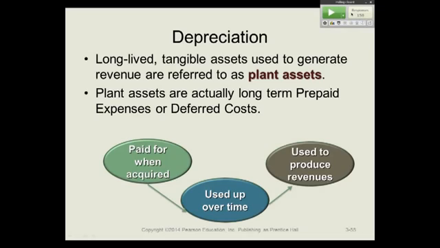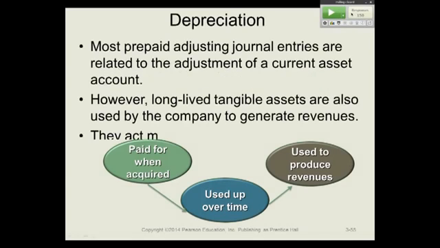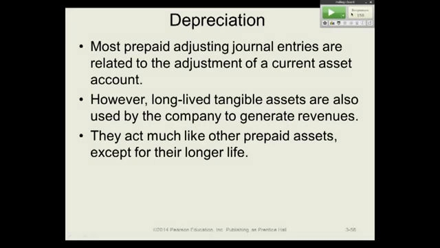Now, this is a prepaid expense, but we normally don't look at it that way. We look at it more as a long-term asset. We don't think of it as a prepaid. Prepaids are generally short-term, and this is long-term, so you would think of this as plant and equipment. It acts the same way, but there are going to be some significant differences.